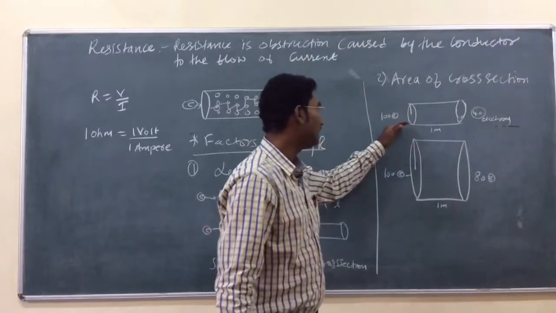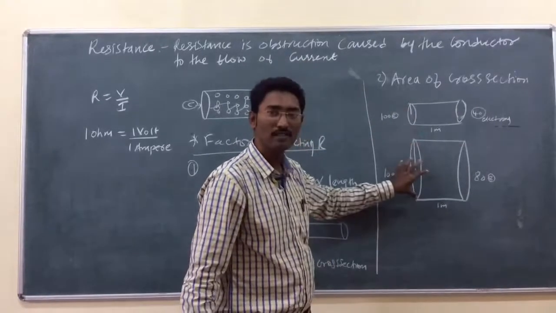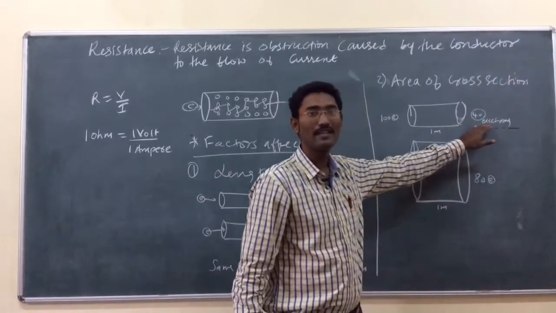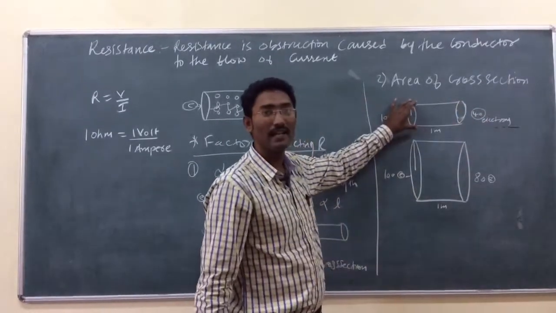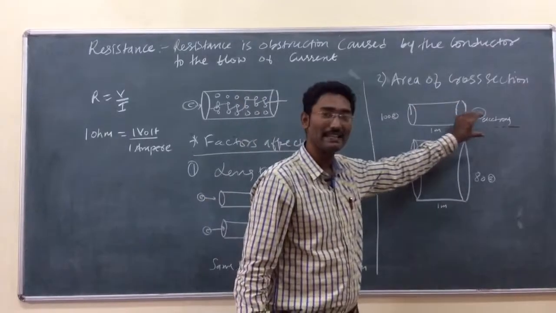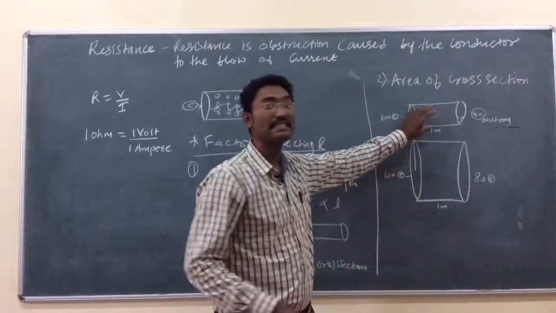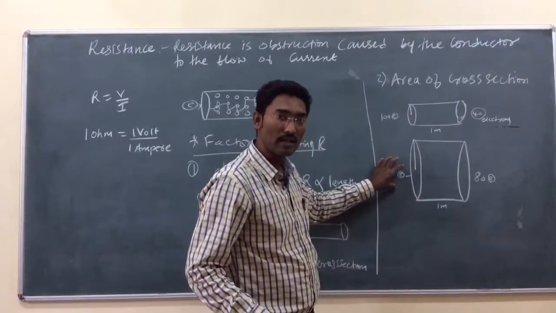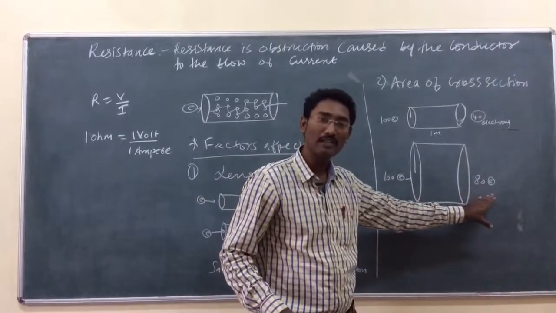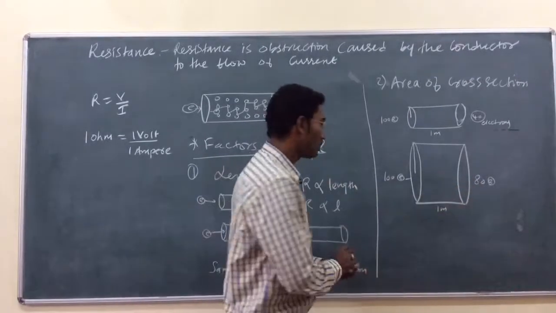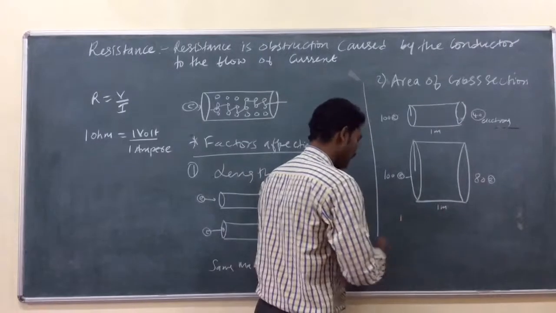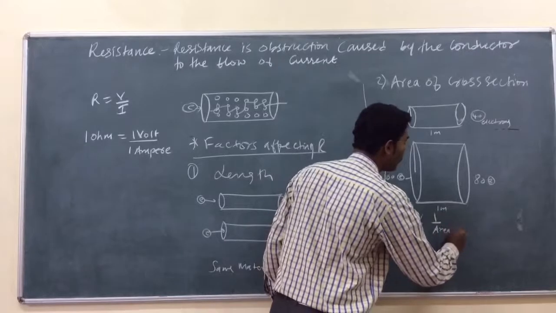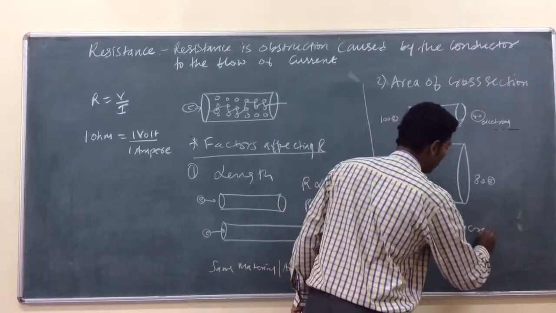So here we can see that 100 electrons are allowed to pass through both conductors, but through this conductor only 40 electrons come out, because the area of cross section is less. The area through which electrons may travel is less. So here resistance is more. And here, when 100 electrons are allowed to pass and 80 come out, resistance is less. From this conclusion we can say that resistance is inversely proportional to area of cross section.